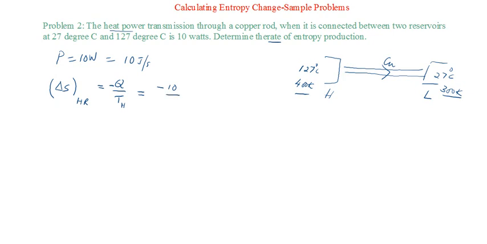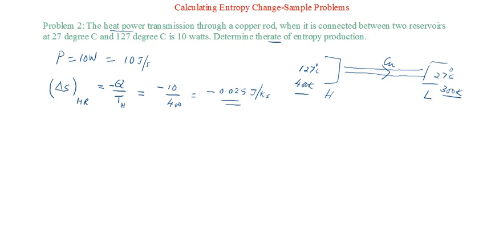Minus 10 by T_H, which is 400, is equal to minus 0.025 joule per Kelvin. But since here it's 10 joules, instead of heat I have actually substituted power, so that will be per second. So what I'm getting is the rate of entropy, joule per second per Kelvin. That is a special case.